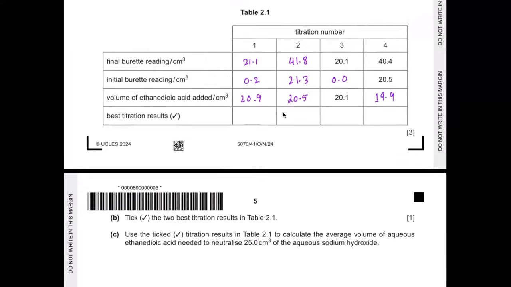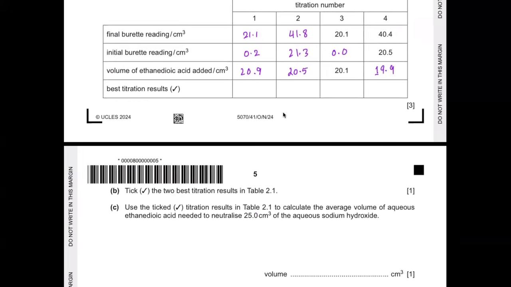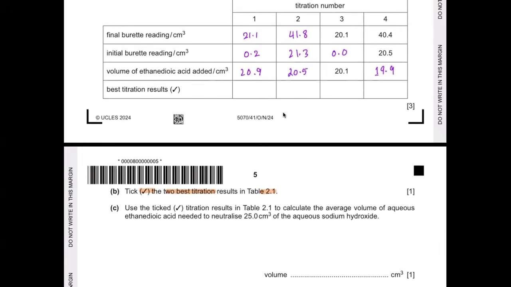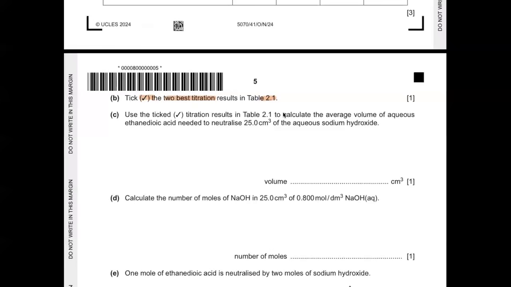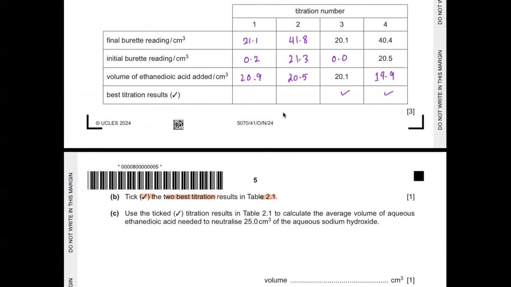Now take the two best titration results in table 2.1. So the best ones are the ones which have the smallest difference. So if you see the smallest difference is between 20.1 and 19.9, they are closest to each other, right? Sir, can you explain that again? I don't understand the part where I take the two titrations.